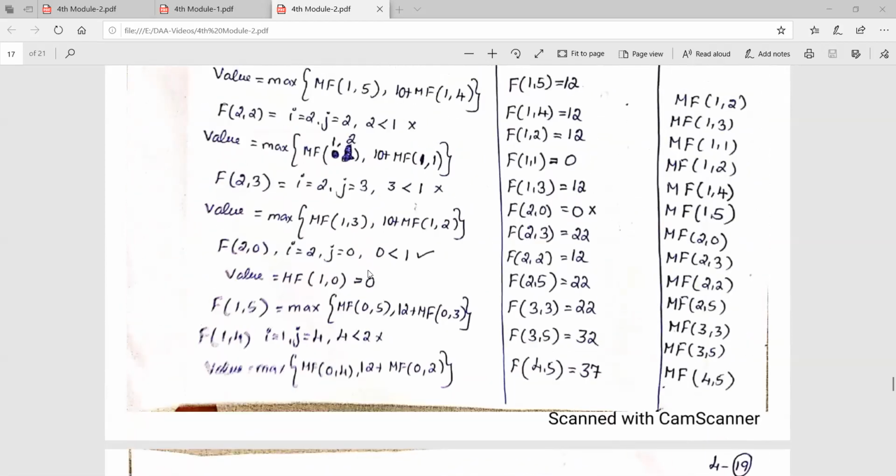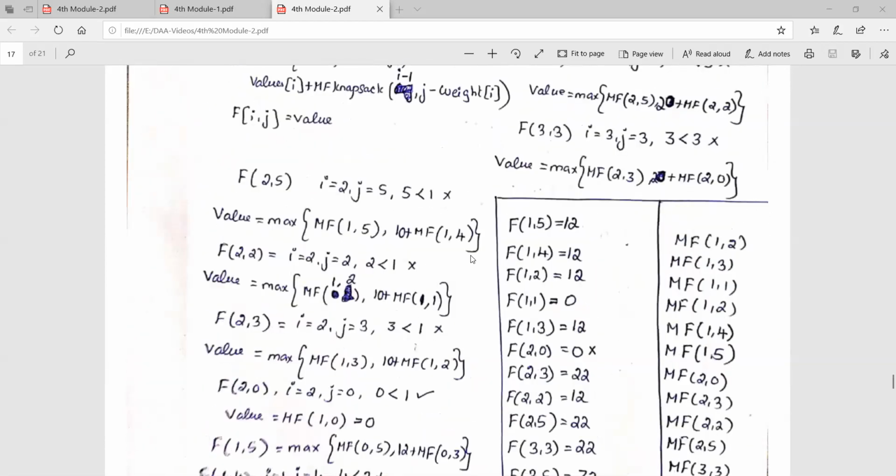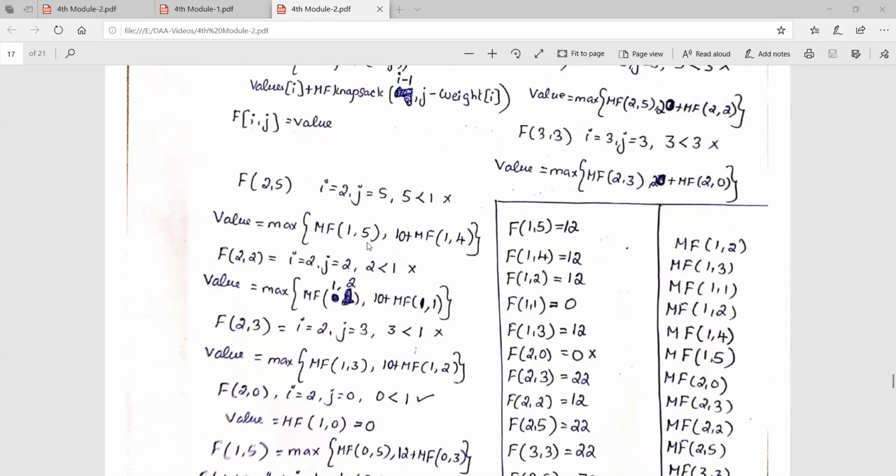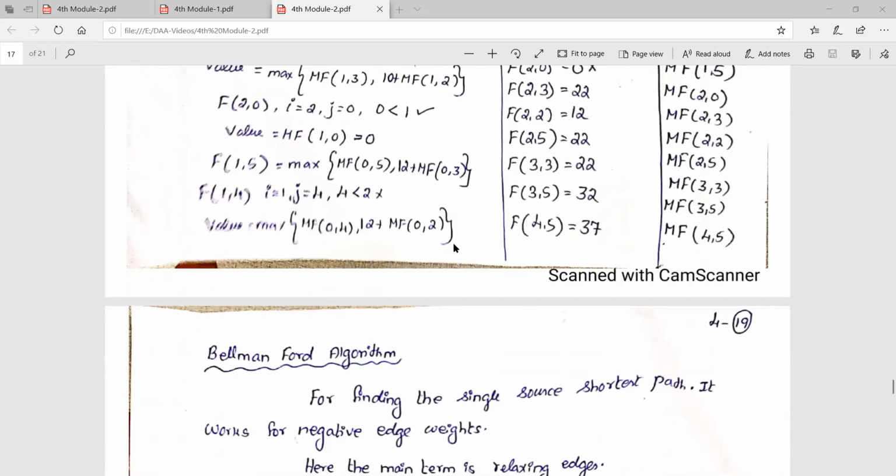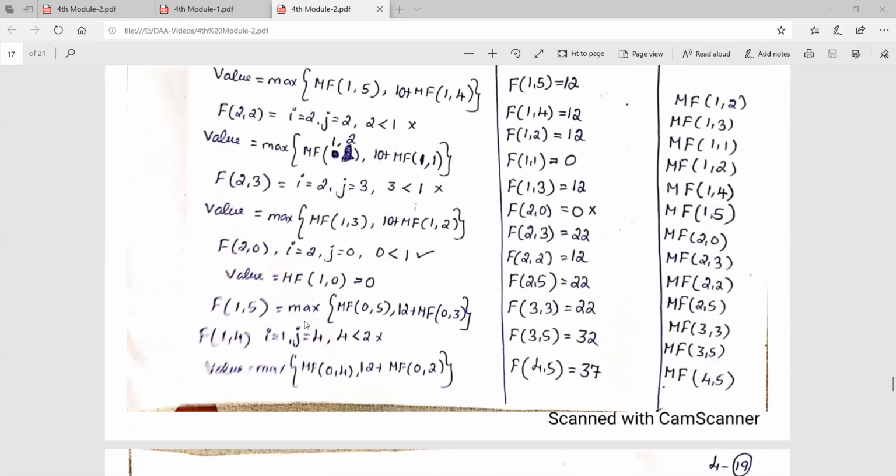Okay. So now after considering 2 comma 0, we have to consider 1 comma 5 and then we have to consider 1 comma 4. So if we consider 1 comma 5, so what will happen? We are having maximum of, see here, i minus 1, that is 0 comma 5, comma 12, that is the profit of the first object, plus memory function i minus 1, that is 0 comma j minus wi.